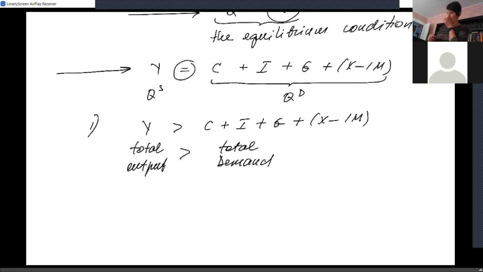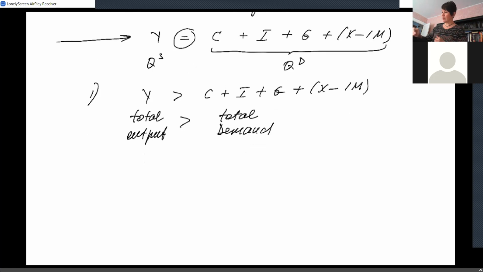Okay, all right. Y as a total output, total production, exceeds the number of units, goods and services, that's being demanded, right?